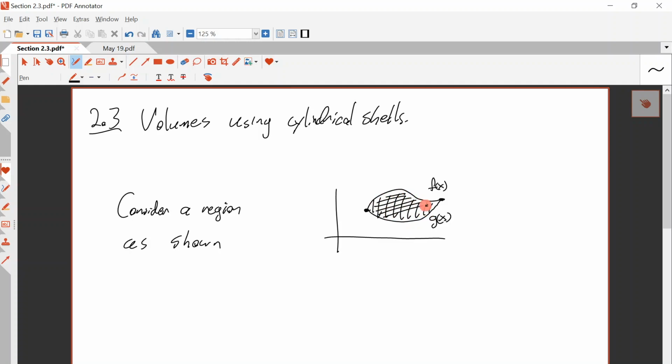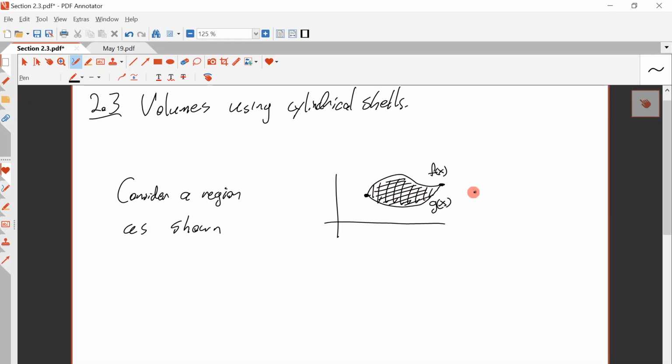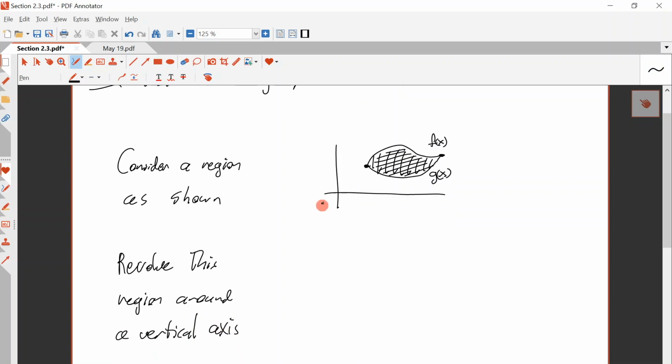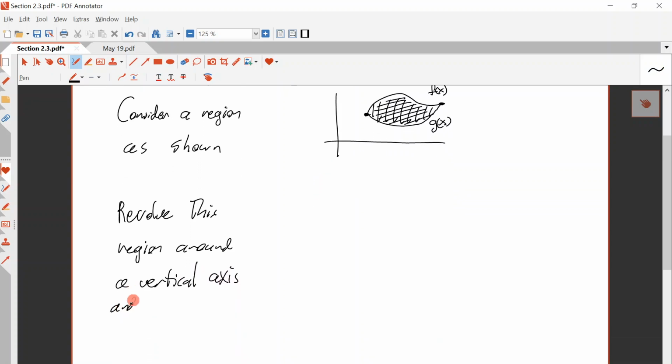I want to revolve this region around a vertical axis and calculate the volume of the resulting solid.